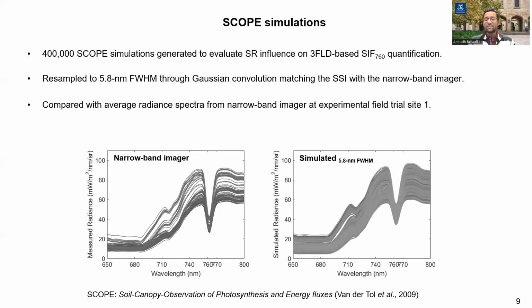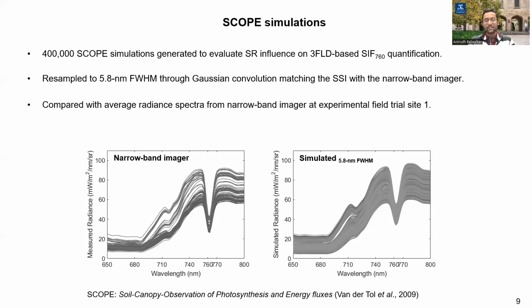Then, for each airborne radiance spectra at experiment 1, we selected 10 closest simulated spectra using root mean square error as a cost function.